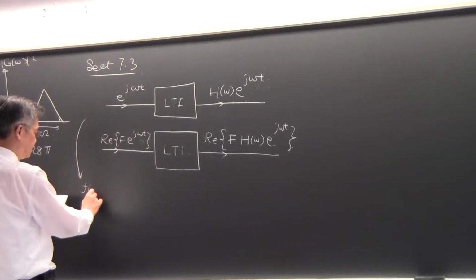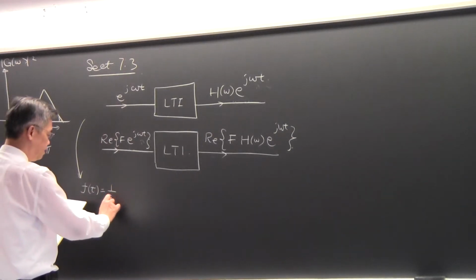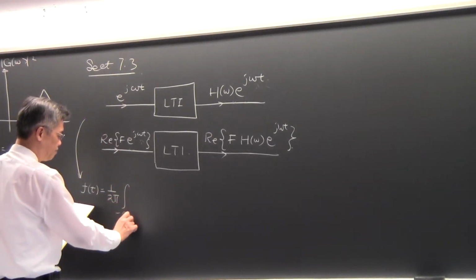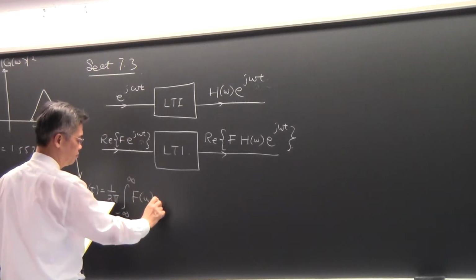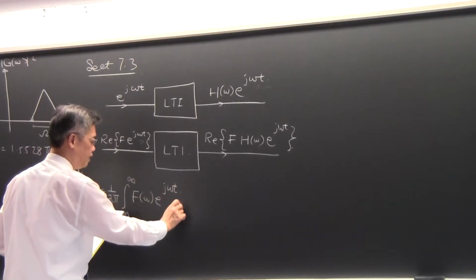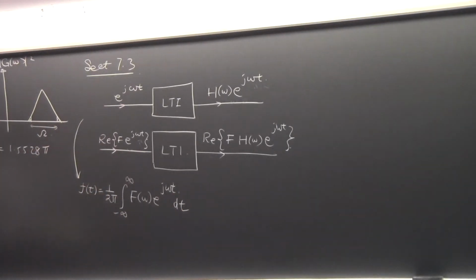So if we have a Fourier transform signal which is a sum of all different harmonics, this is called a harmonic. You can write a Fourier transform as such.